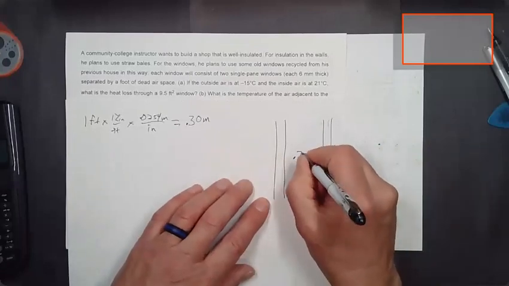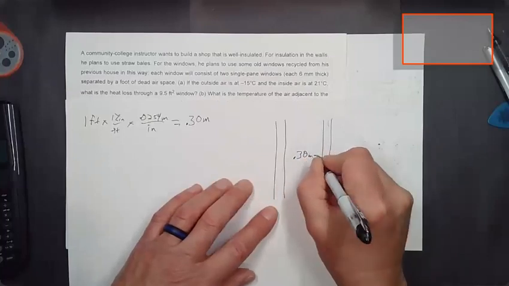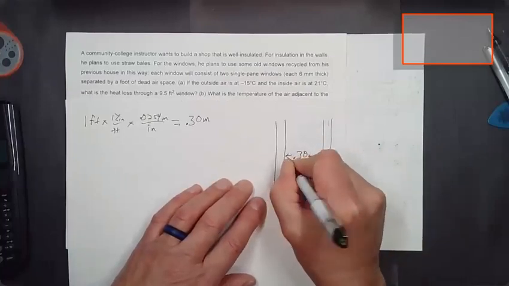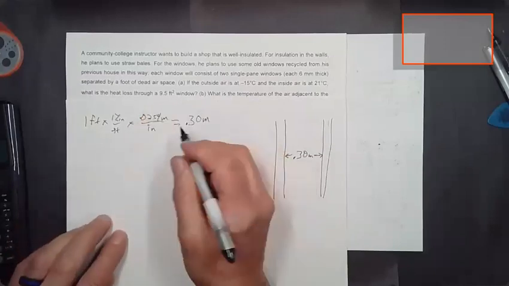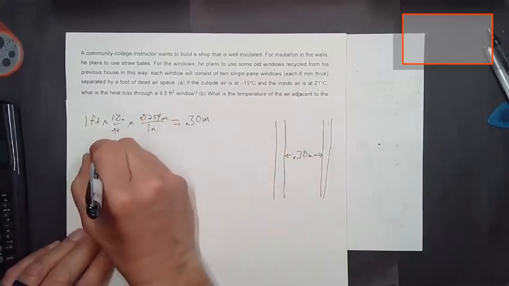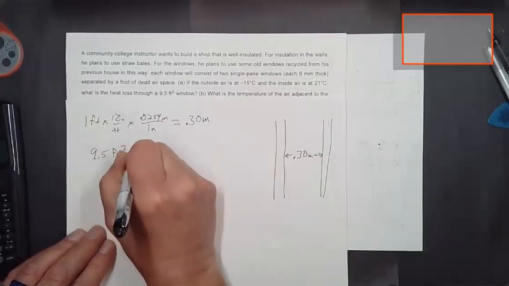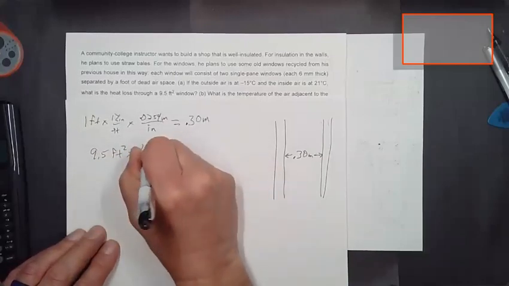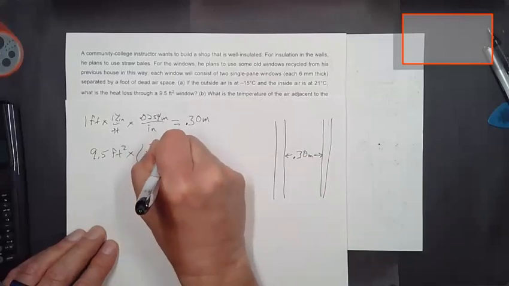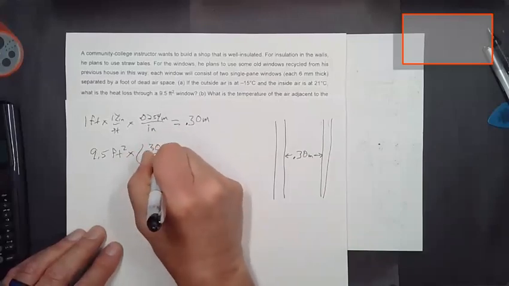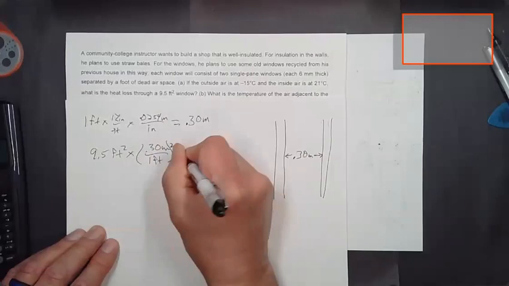So 0.30 meters. And then let's see, I've got a 9.5 foot squared window. So 9.5 feet squared times 0.30 meters per 1 foot. And you square that.